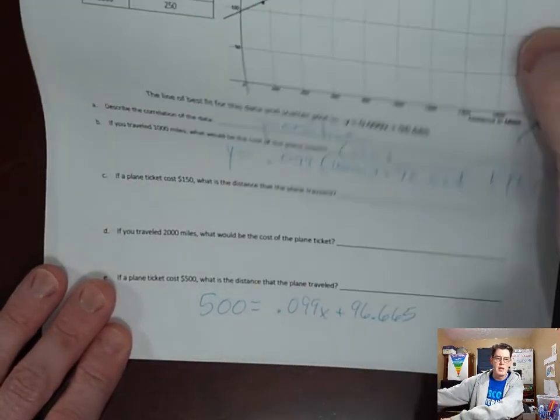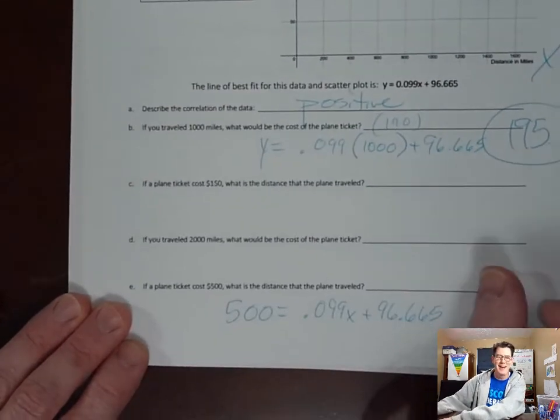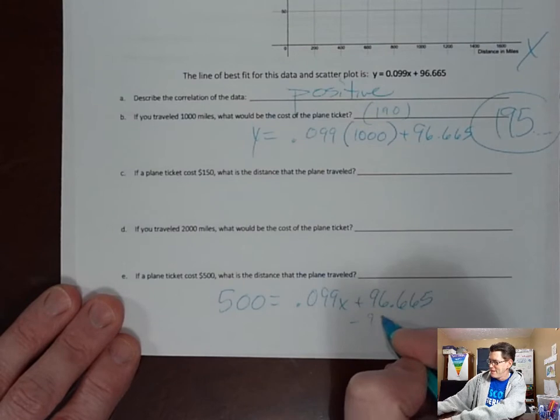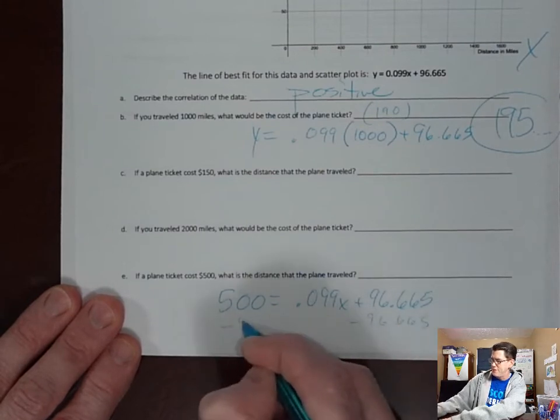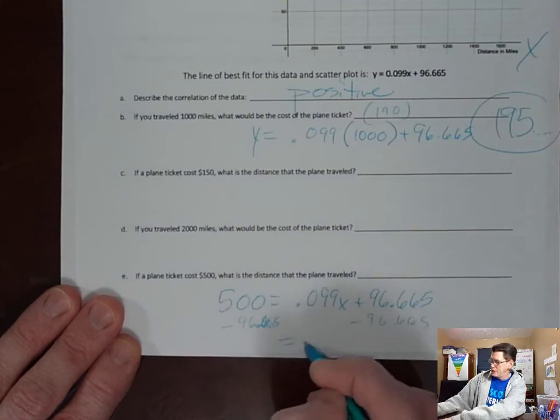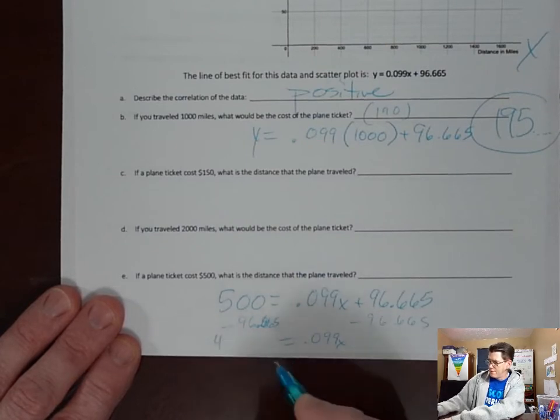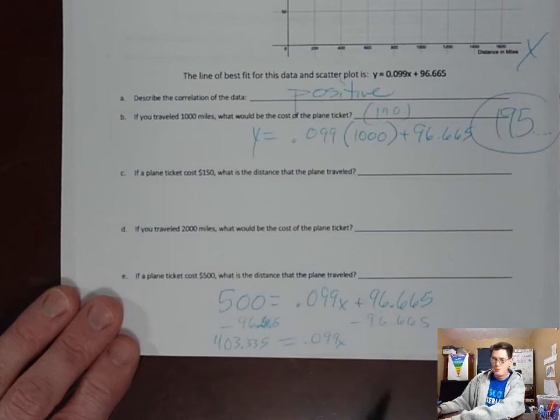One way to solve it is to type it in Google and ask what is x. Or, of course, subtract 96.665 from both sides. So 0.099x is whatever 500 minus that is, 403.335.